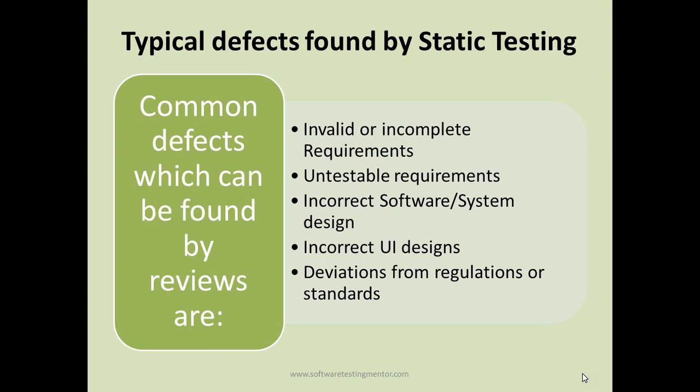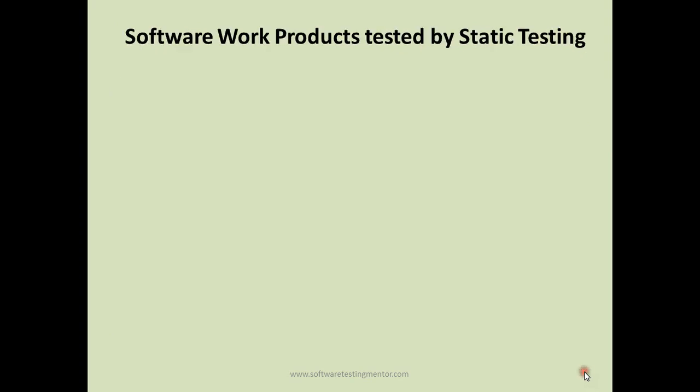Or if it is an application for a government organization, it has to follow some regulation or standard. These kinds of deviations can also be found by reviews or by static testing. Now, software work products tested by static testing. What kind of software work products can you test by static testing?